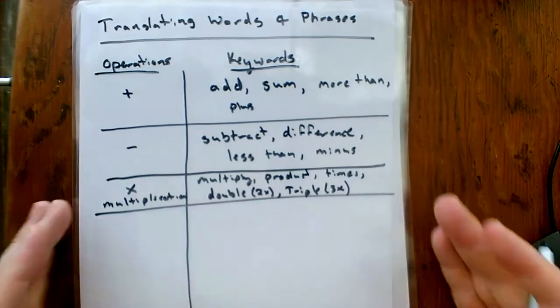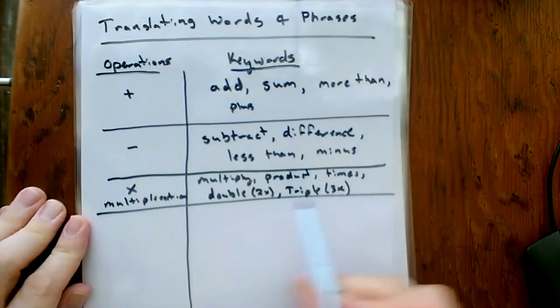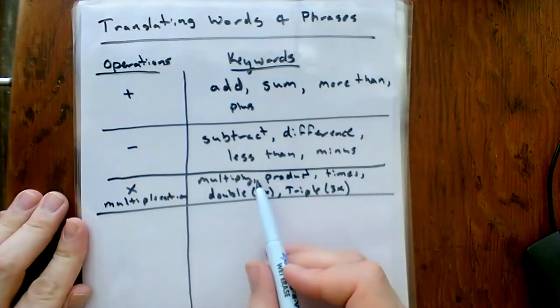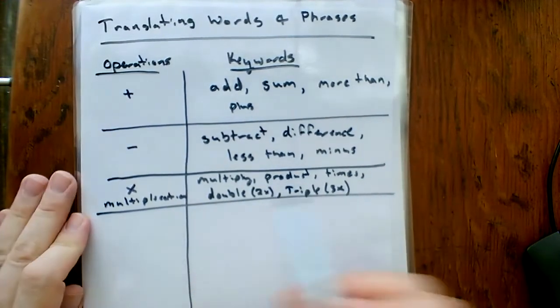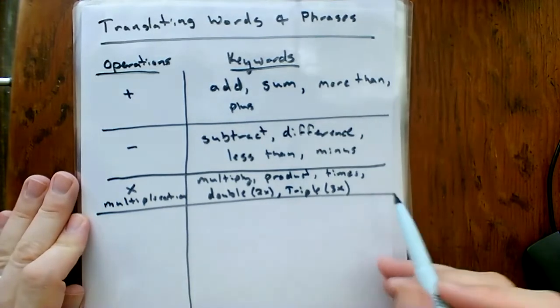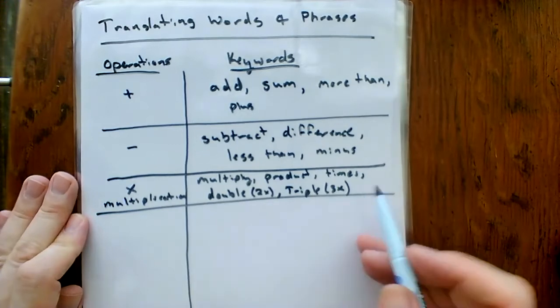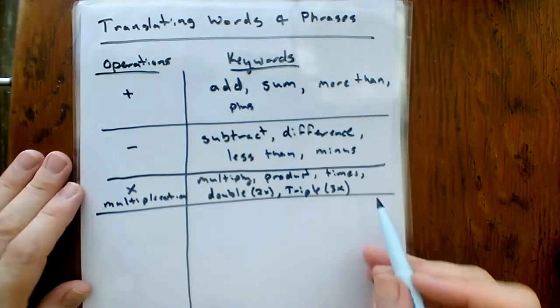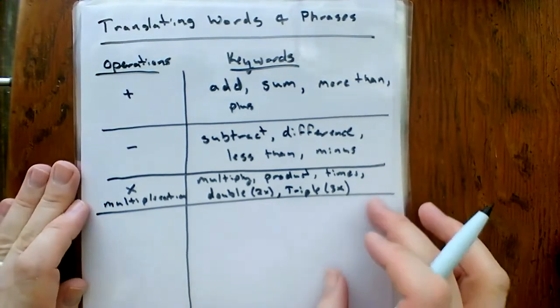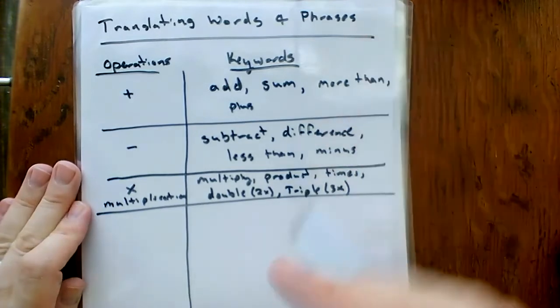There's a lot of words. But these are going to be our most common ones. One of the things, and I'm not going to list it here because it gets used so often in other places as well, but the word of will occasionally mean multiply. I will talk about that later as one of our phrases.